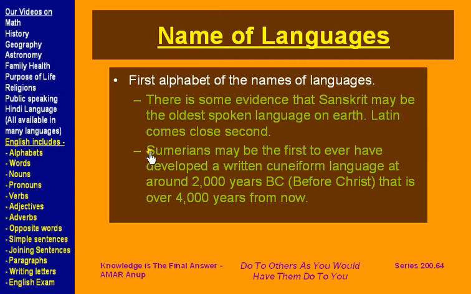You can learn more about Sumerians in our another presentation on past civilizations, and it's a very interesting topic. But here we are talking about capitalization, so the names of languages are capitalized but not the common words.